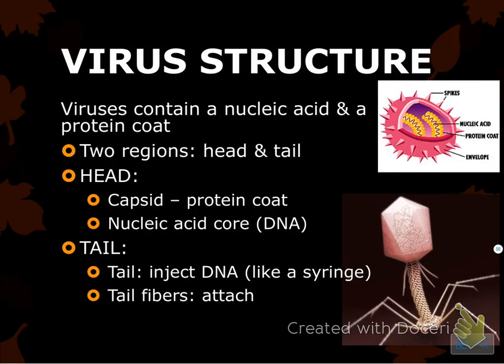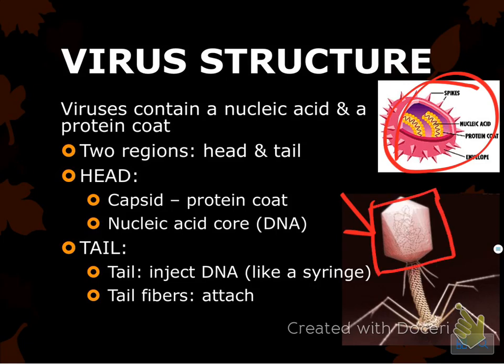So, virus structure. Now, there's multiple shapes to viruses. In terms of this class in freshman biology, we're just going to focus on this main shape here. But here's another way that viruses can be structured. It's called a bacteriophage. So you have the head part, which is this part, and then you have the tail.